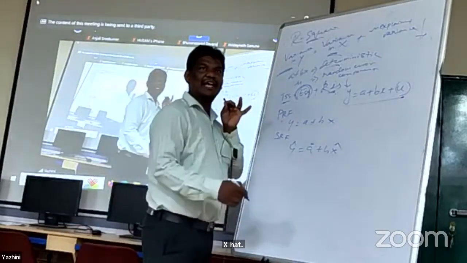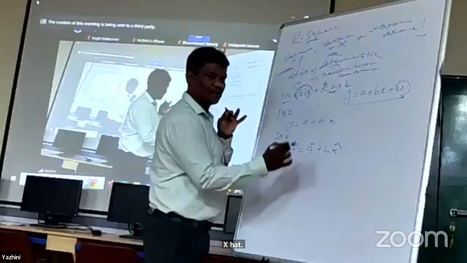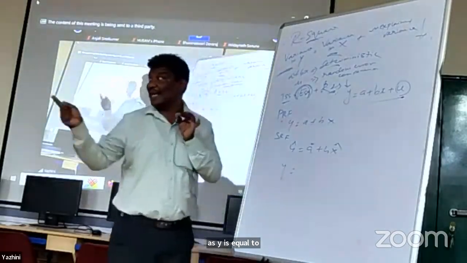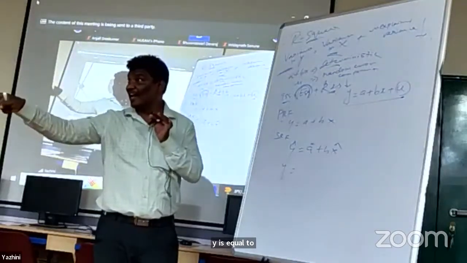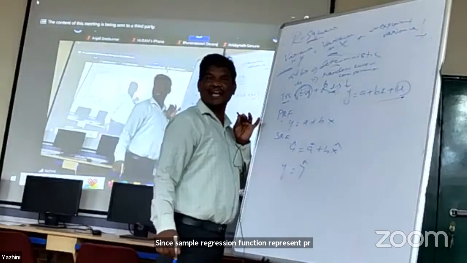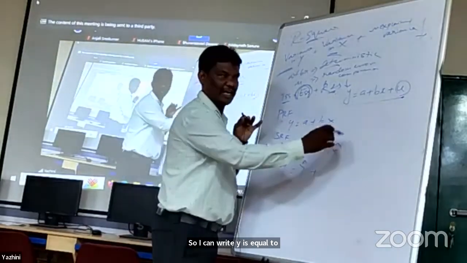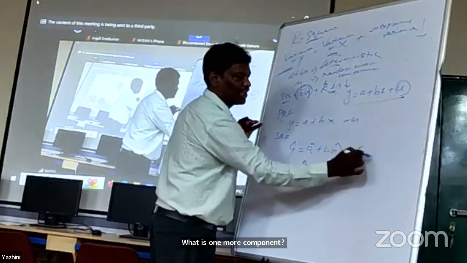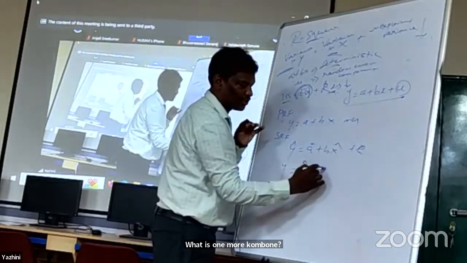So I can rewrite this as y is equal to y hat plus, what is the one more component? Plus you put e, no problem. I want to bring the residual here.